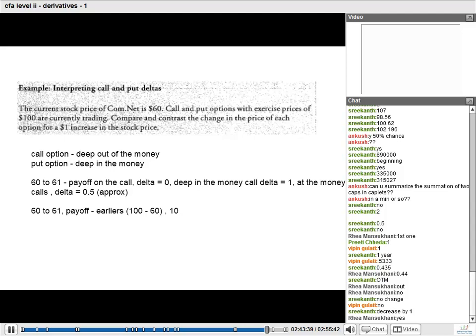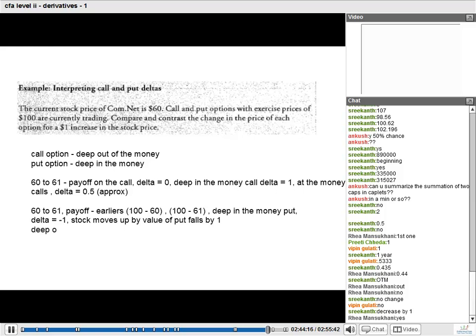Now I'll get only 100 minus 61. So for a deep in the money put, delta is equal to -1. That is, as the stock moves up by 1, value of put falls by 1. This is the exact same explanation for deep in the money calls, why they are +1.